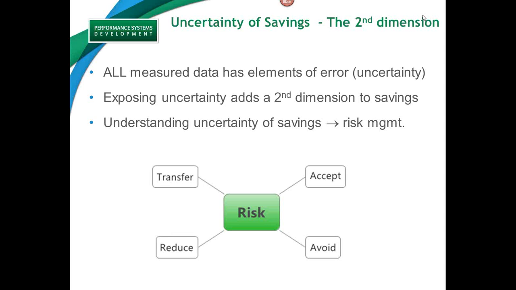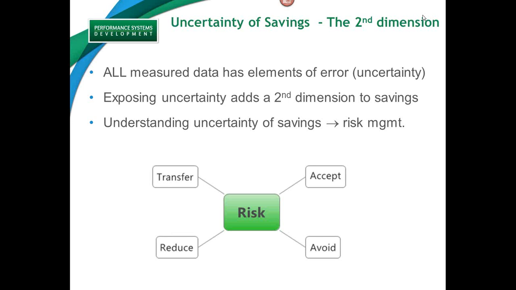And then once we understand that risk, we can decide whether we want to transfer it by transferring ownership or operation of that chiller to some other entity, whether we want to avoid it by simply using in the future the equipment we have, or accept it, or reduce it by implementing procedures, whether that be better quality control and operating procedures, to reduce the risk that we're exposed to relative to the performance of an investment related to energy efficiency.